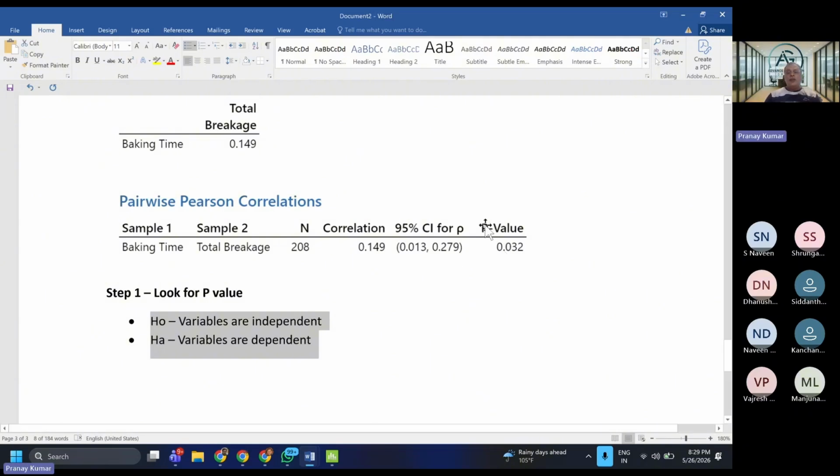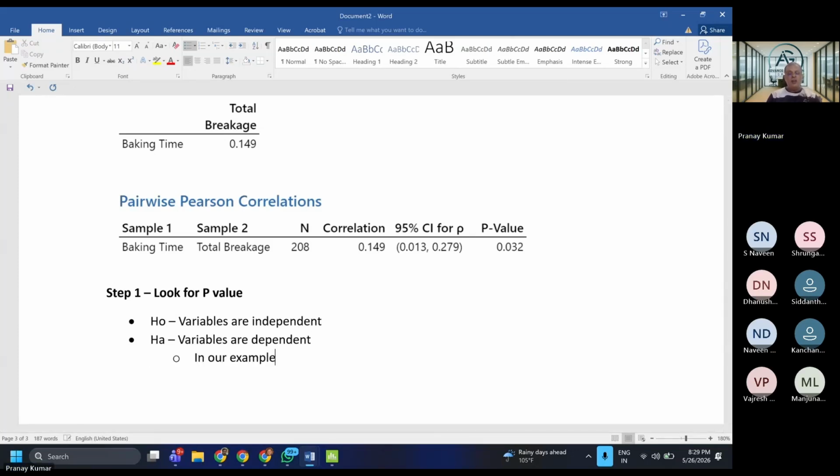By virtue of getting our p-value at 0.03, in our example, I am concluding HA as true.